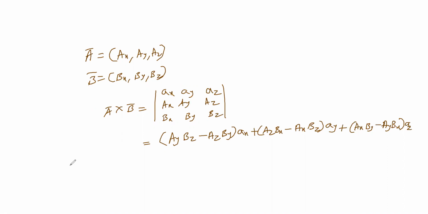Just as the dot product or scalar product has certain laws, the cross product also obeys certain laws. First, cross product or vector product does not obey the commutative law.